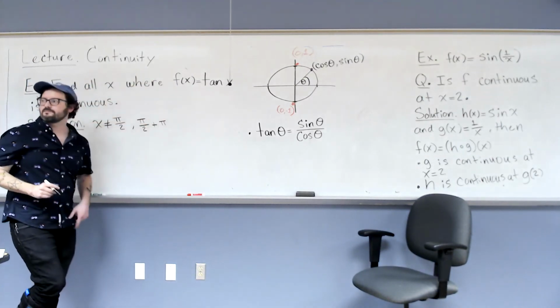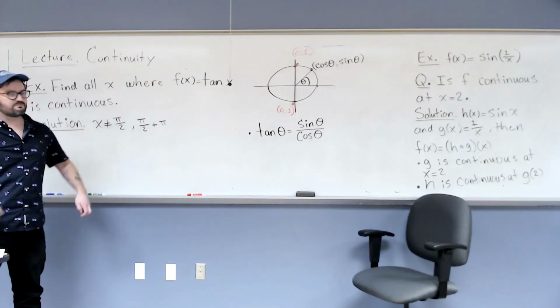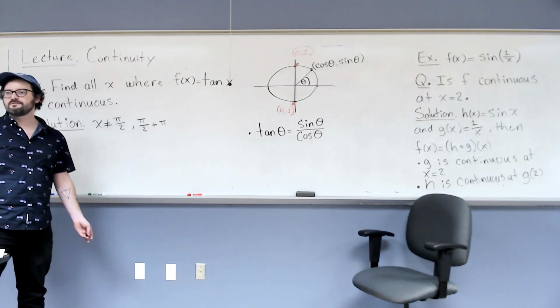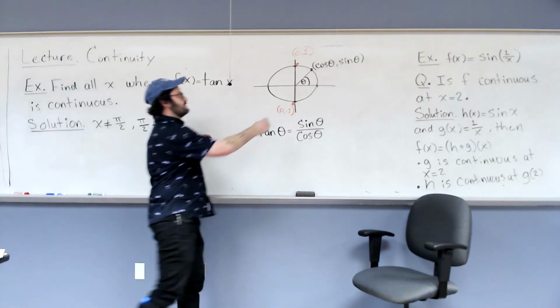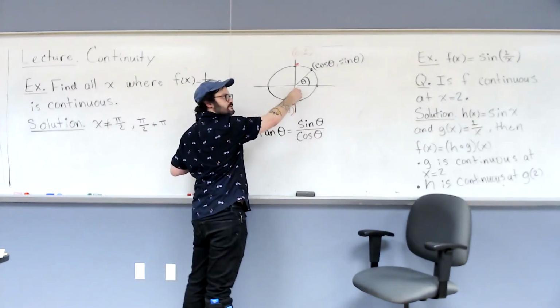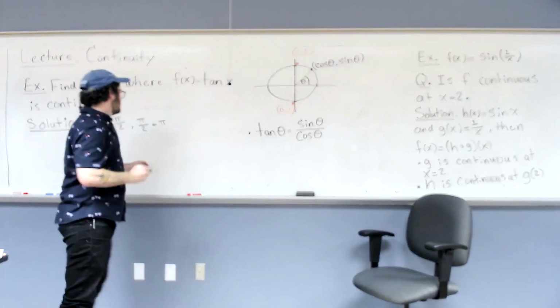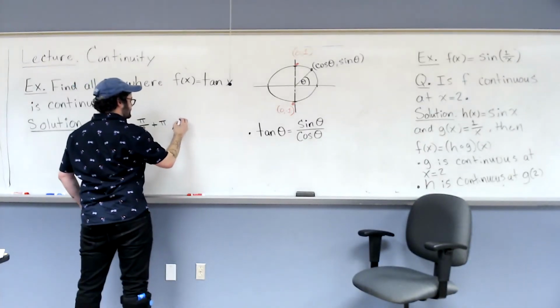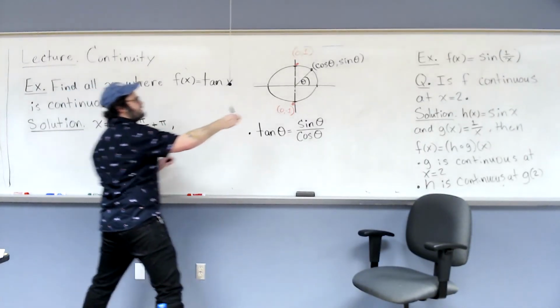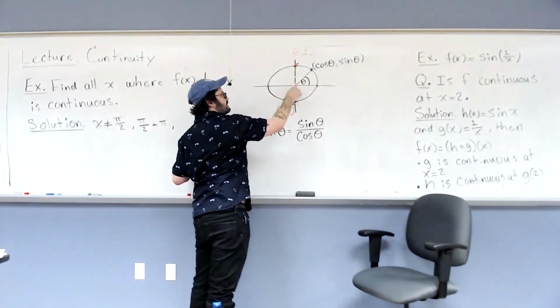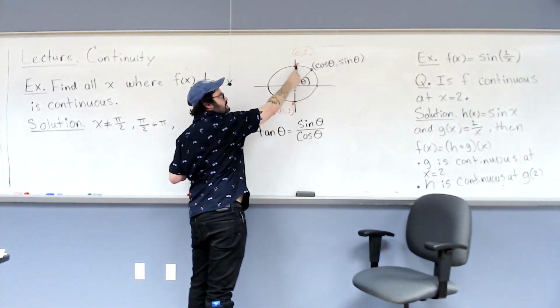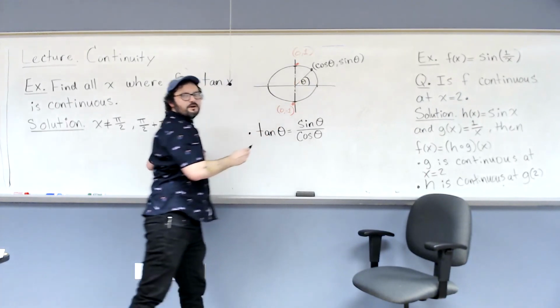Okay. But then we can keep this going, right? If we're down here and we add pi, what's going to happen? Another bad angle, right? So if we started here and added 1 pi, we'd end up there. If we add 2 pi, we're back to where we started, right?